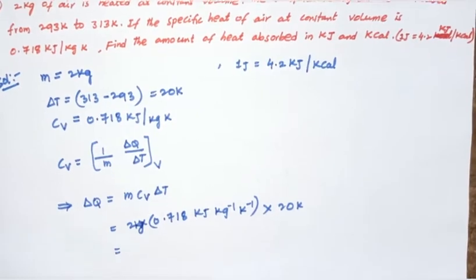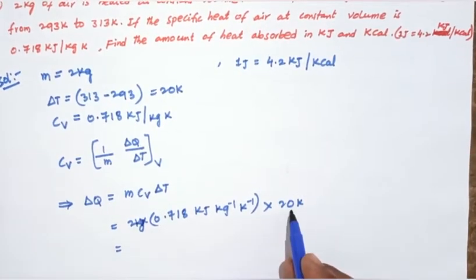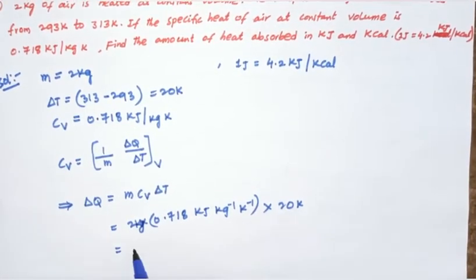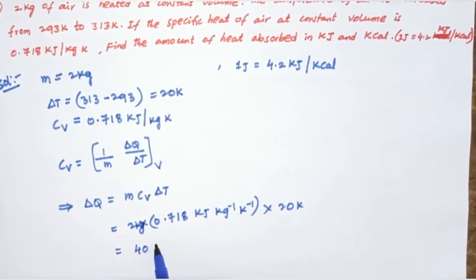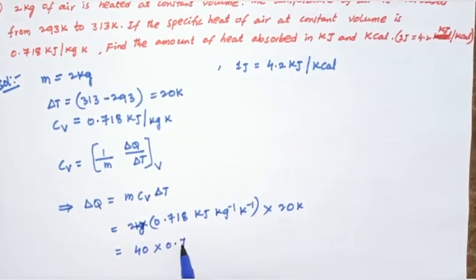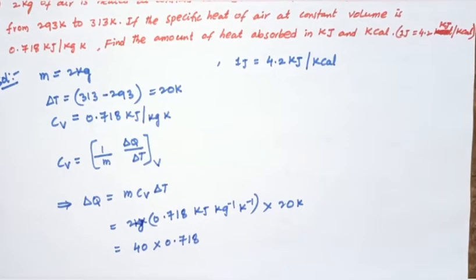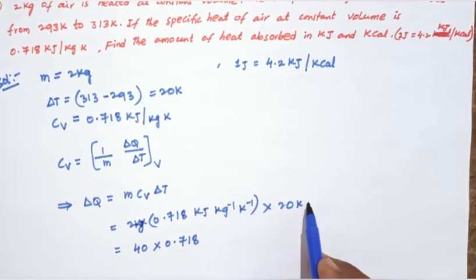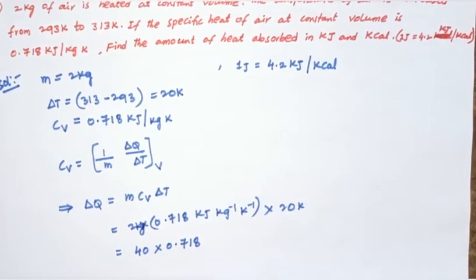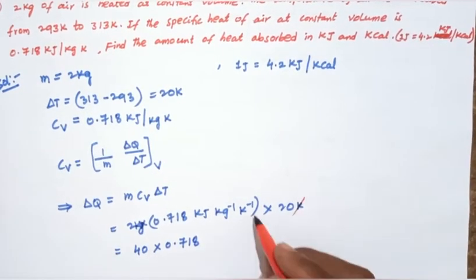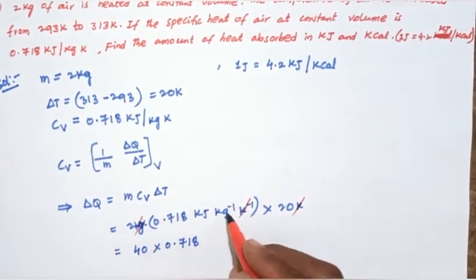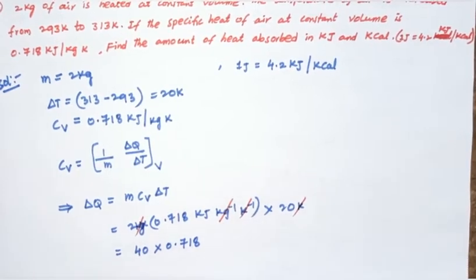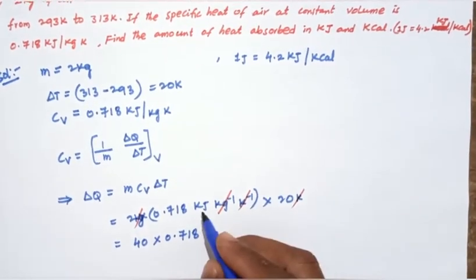That equals 20 into 2 equals 40 into 0.718. The kelvin cancels, and kg and kg to the power minus 1 cancel, so it is in kilojoules.